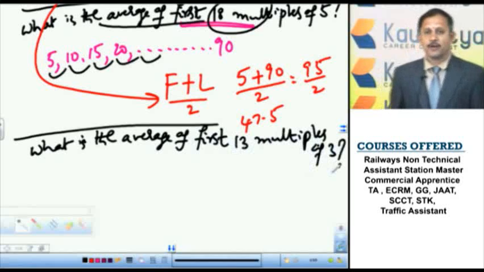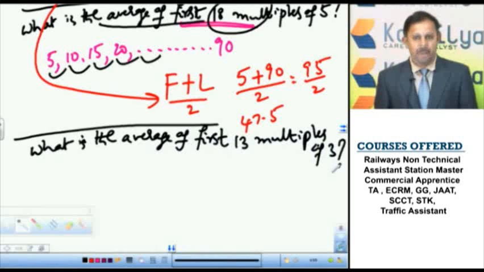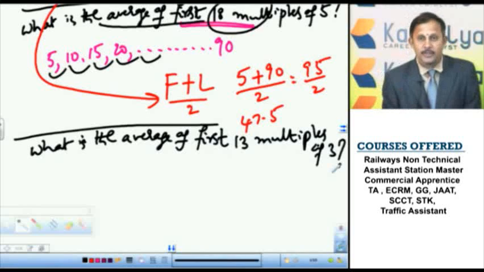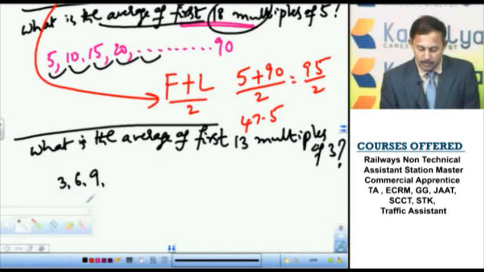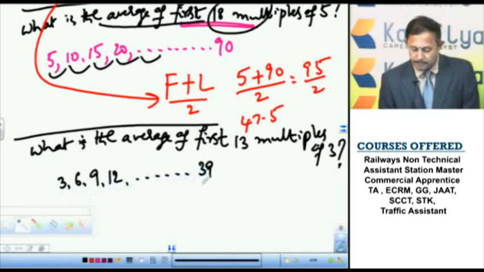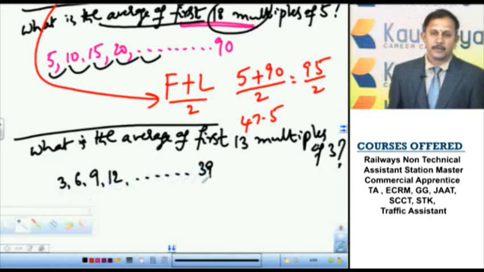What is the average of first 13 multiples of 3? So here we are interested in only the multiples of 3. So how will be the multiples of 3? 3 into 1, 3 into 2, 3 into 3, 3 into 4. So like that 3 into 13. So 39 is the last element.